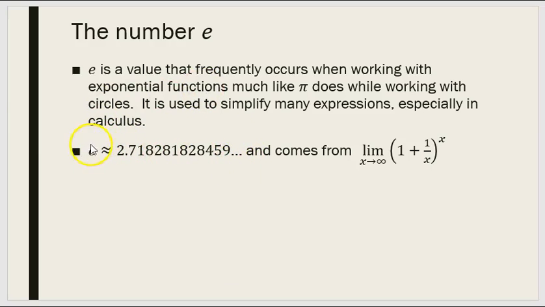So they just decided to use this symbol to represent it, to save time and space on their work. The exact origin actually comes from evaluating this infinite limit here. But for most purposes, it's okay to just know that this is a number very close to 3. So when you see an e in your equations, just know that it's approximately 3, and you'll get a rough idea of the answer from estimating that.